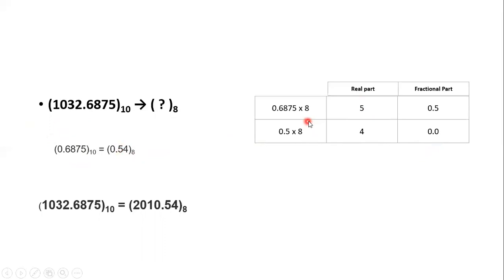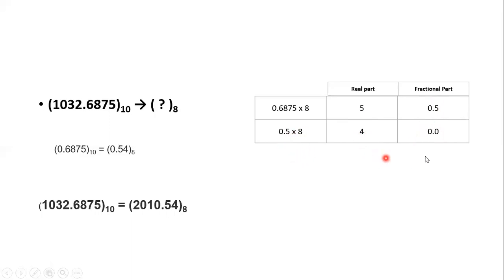So for the fraction, first the fractional part is multiplied by 8. 0.6875 multiplied with 8 means we get 5.5. So the real part put here and the fractional part put here. Again we take the fractional part multiplied by 8, 4.0. So 4 here, 0. Then again you take the fractional part. When you multiply, what happens?